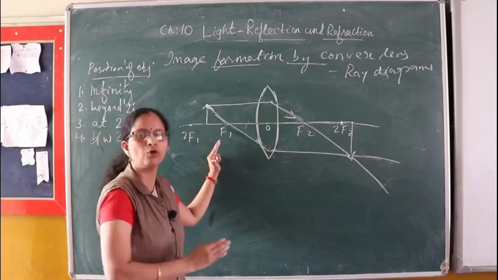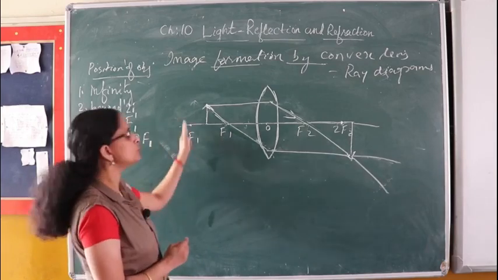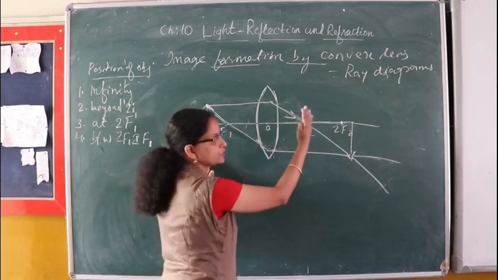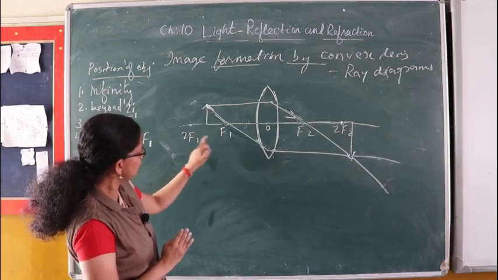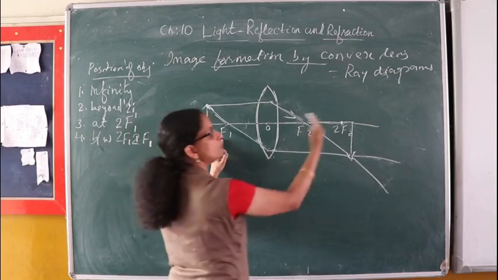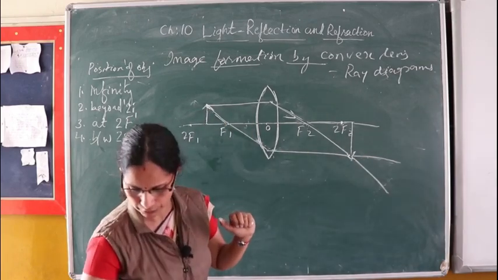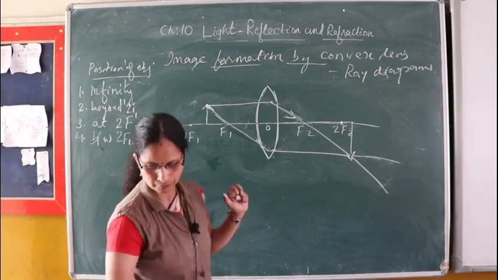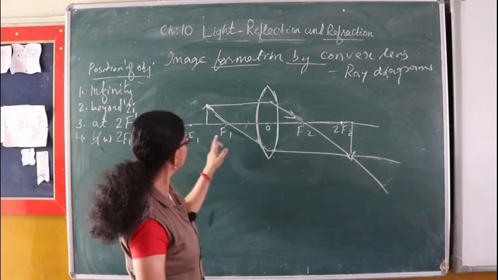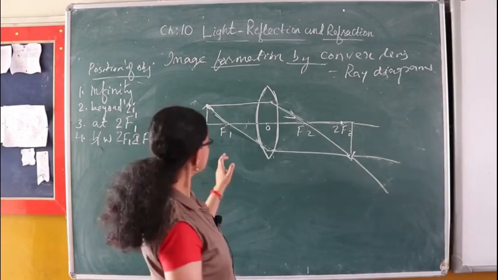Still it is smaller than the object, so we call it diminished. When the object is at 2f1, we got an image of the same size. And when the object is between 2f1 and f1, we got an enlarged image. So this is the image formation when the object is between 2f1 and f1.